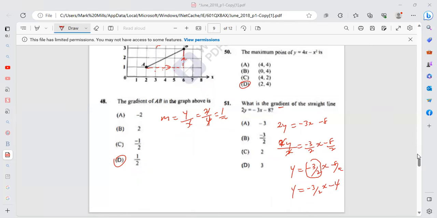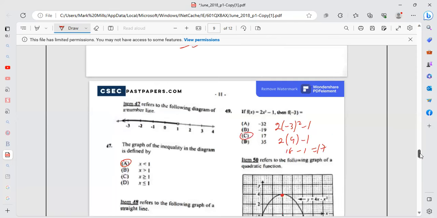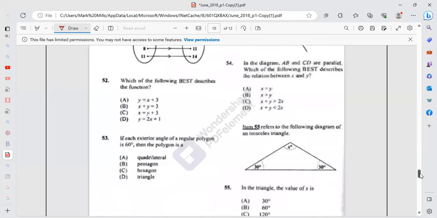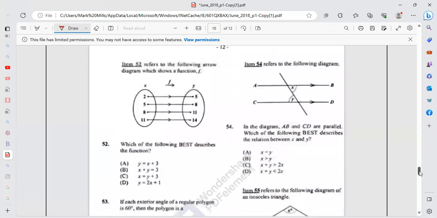All right. So moving on, we have 9 more questions to go. Now, number 52. They ask which of the following describes that one. 2 will give you 3, 5 will give me 8, 8 will give me 11, 11 will give me 14. Anybody have an idea what would have been this answer?